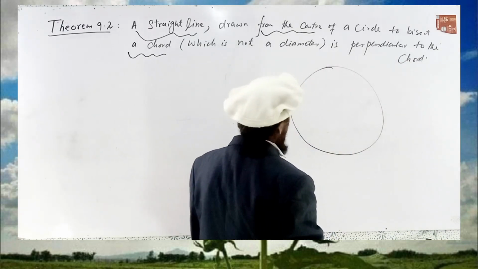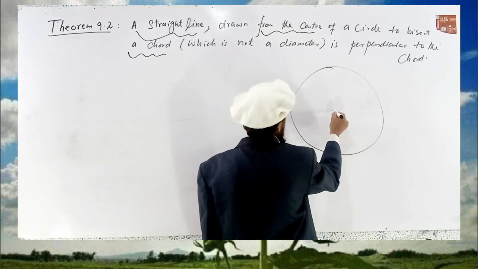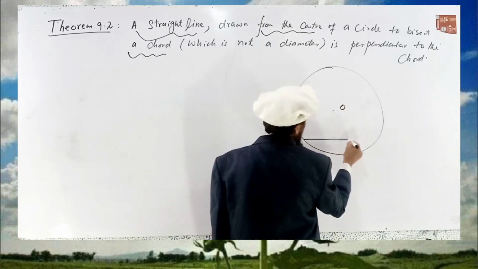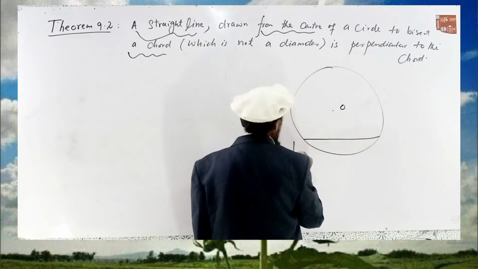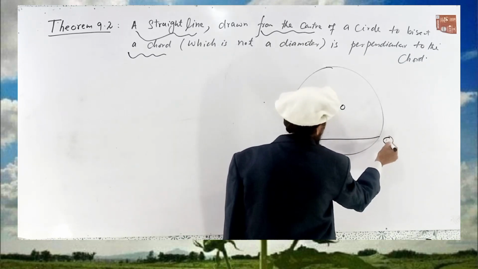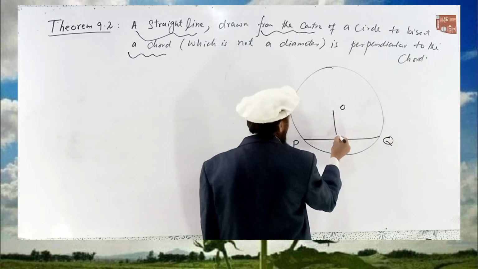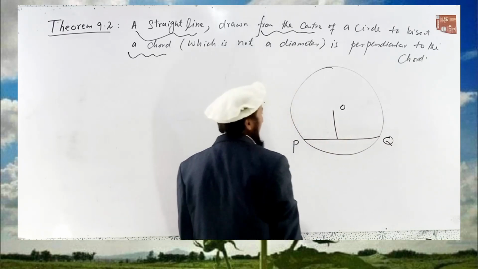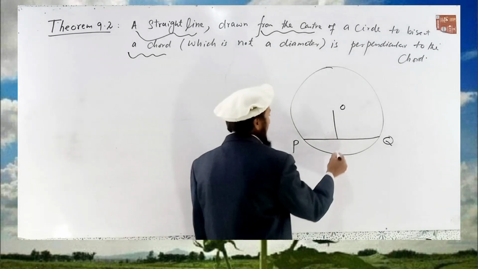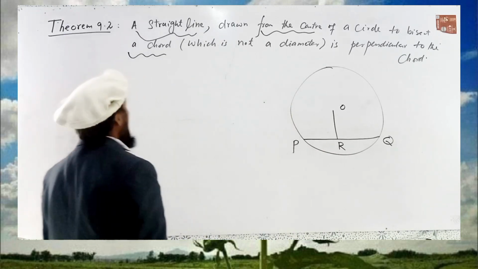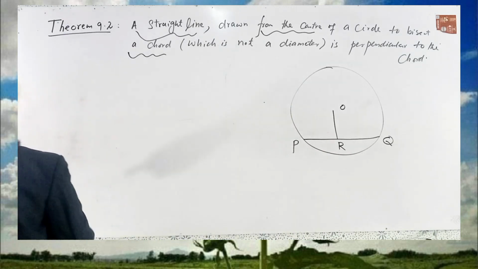We draw the circle, this is the center O, and draw the chord PQ, and the perpendicular straight line OR. So this is the statement.